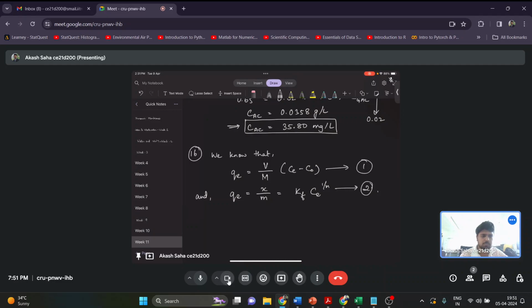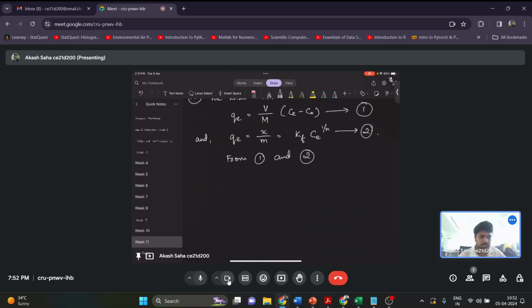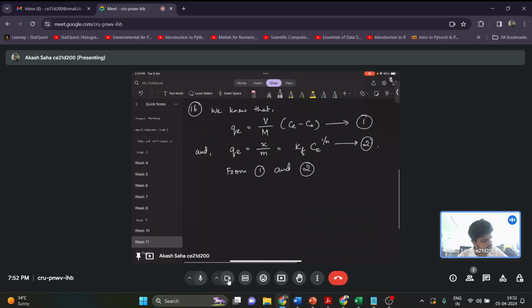Now from 1 and 2, we can write something like this, that V by M will be equal to Kf Ce to the power 1 by n divided by Ce minus C naught. Okay.